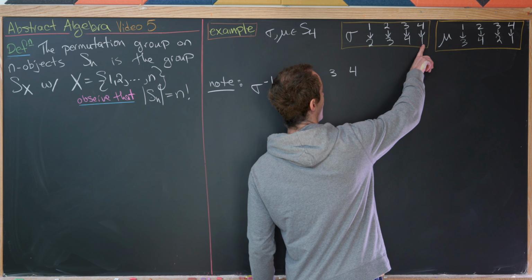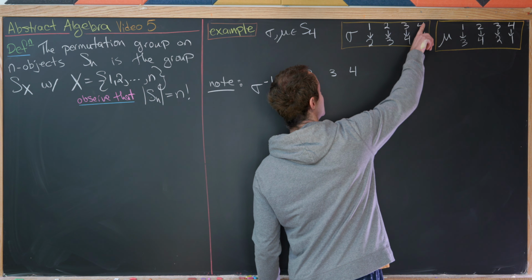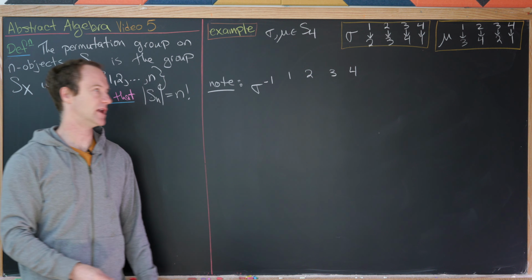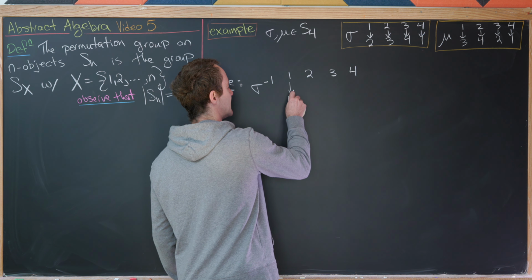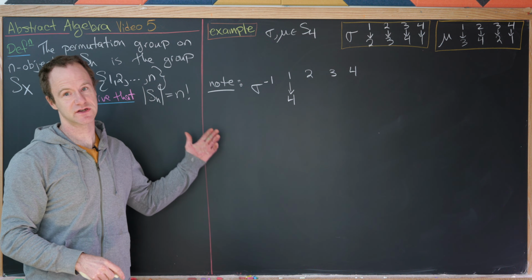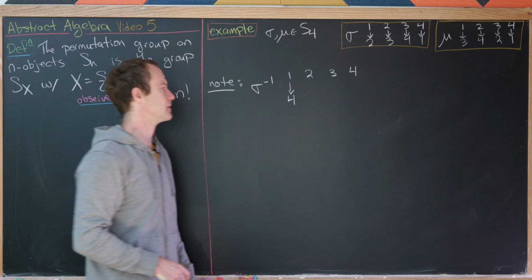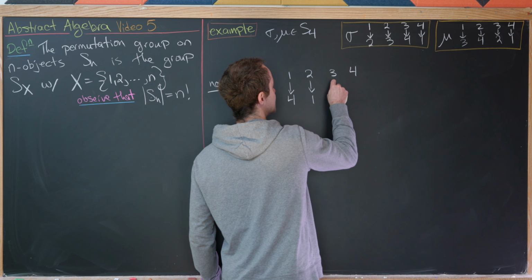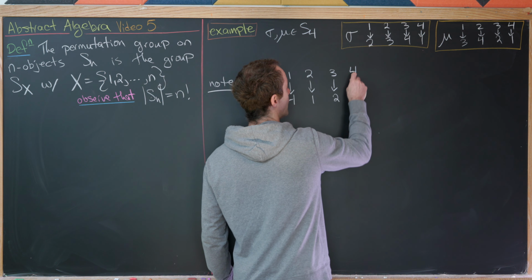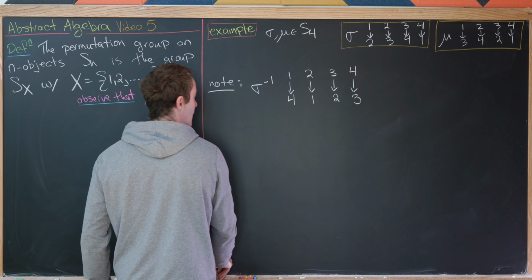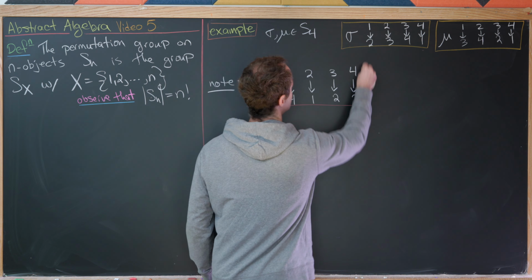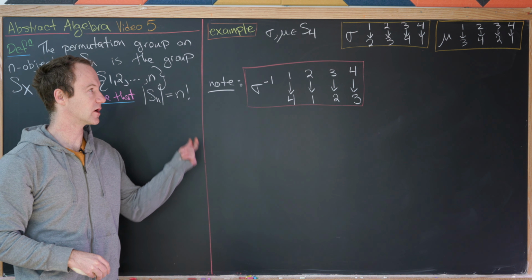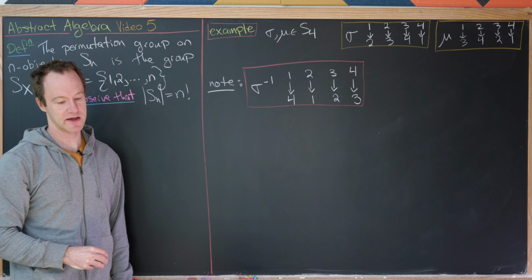So that means 1 will get sent to 4, because in sigma, 4 gets sent to 1, and if we reverse the arrow, 1 gets sent to 4. So that's our first description of what sigma inverse does. And then let's notice that 2 gets sent to 1, 3 gets sent to 2, and 4 gets sent to 3. Okay, so that's a nice description of sigma inverse. We'll have a more compact description for these types of permutations later, but not quite yet.